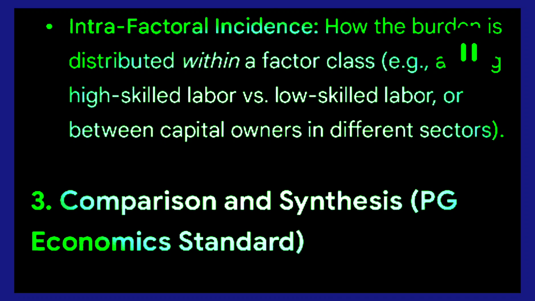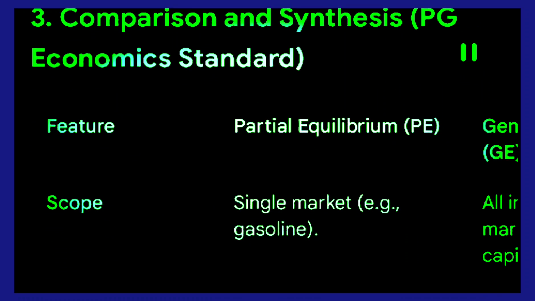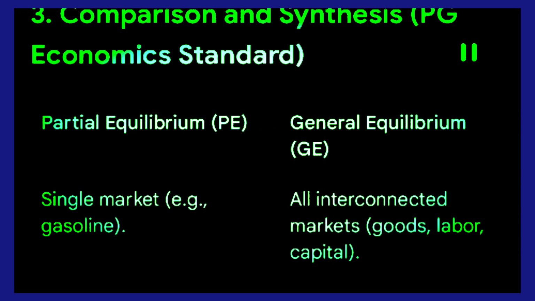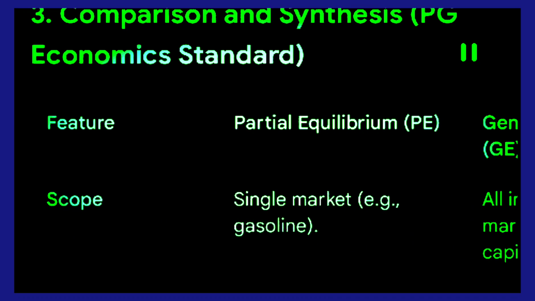3. Comparison and synthesis, PG economics standard. Feature: partial equilibrium PE, general equilibrium GE. Scope: single market, e.g., gasoline, versus all interconnected markets, goods, labor, capital.